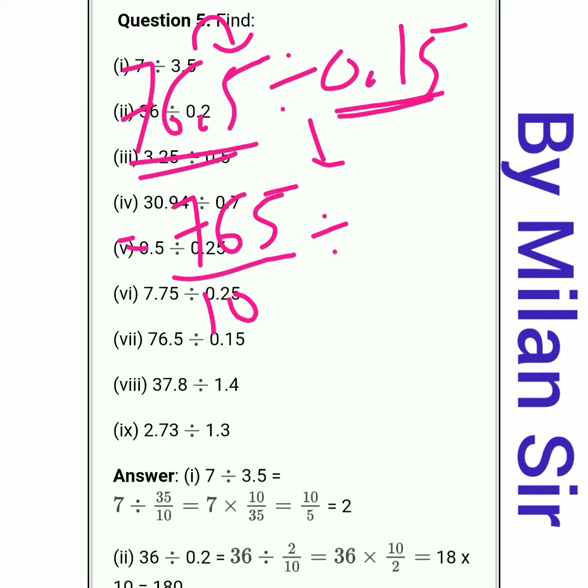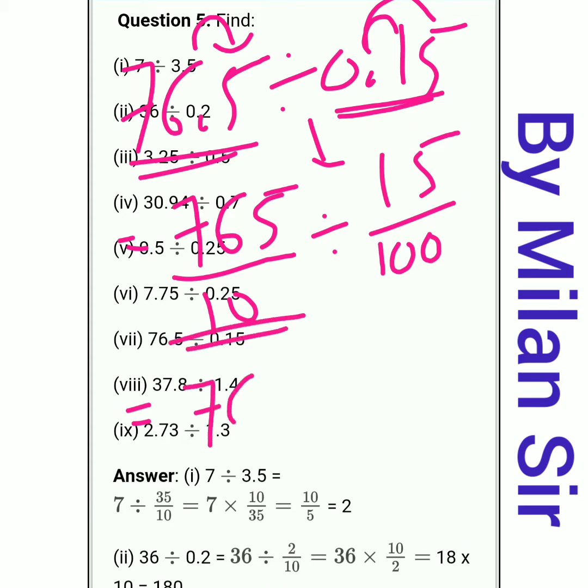We need to convert it into a fraction, so 0.15, ignore the decimal point, so it is 15. After the decimal point we have two digits, so in the denominator after 1 we need to put 00. Now we can convert this division into multiplication, so our first number remains as it is, 765 divided by 10.